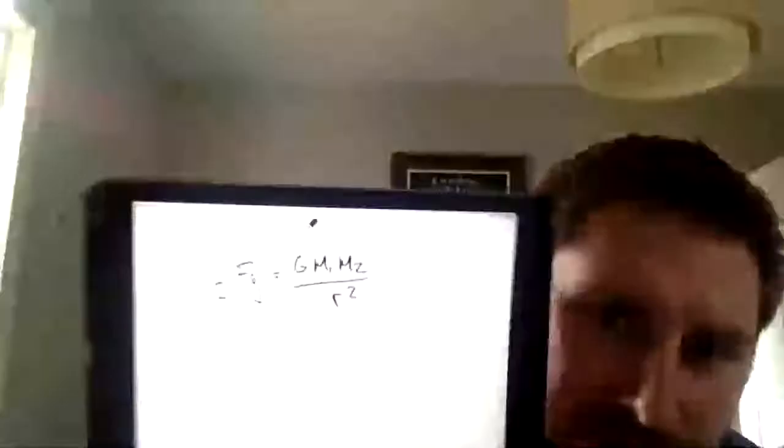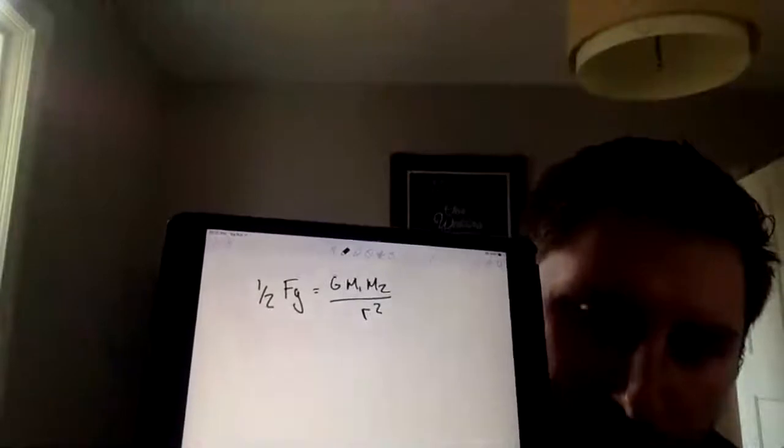Right? So you have something like that, and then just rearrange for R. You can either keep it all as variables or plug in the Earth's mass, but you don't know the mass of the astronaut. But remember, if you do this, 1/2 mg equals G mass of the Earth, mass of the person, over r squared.